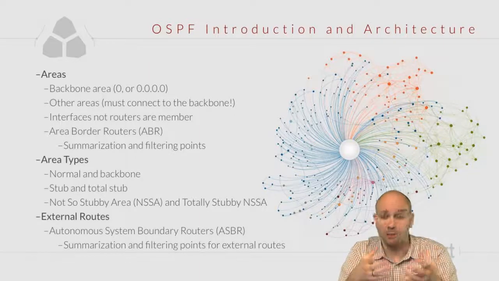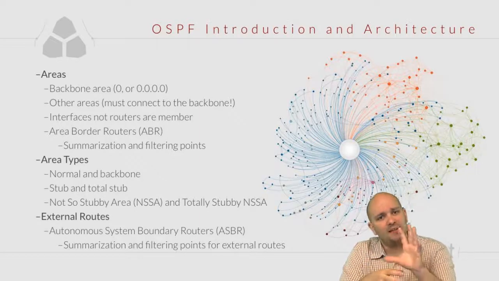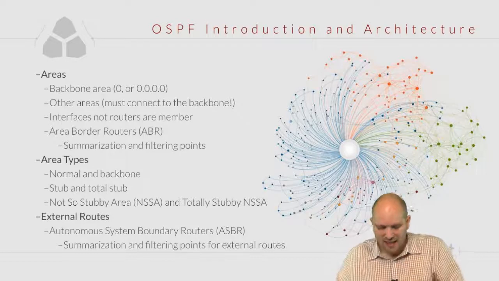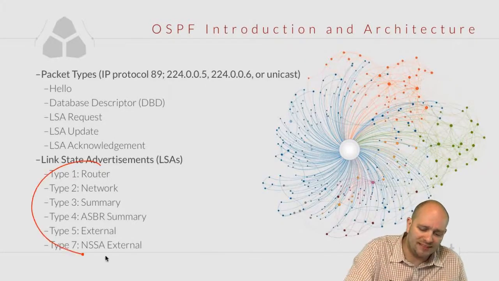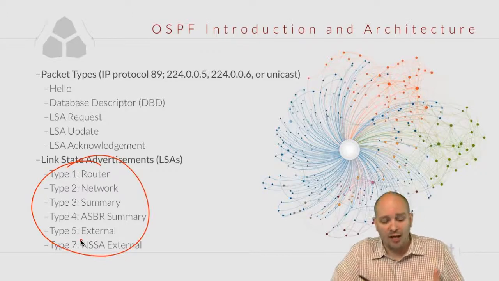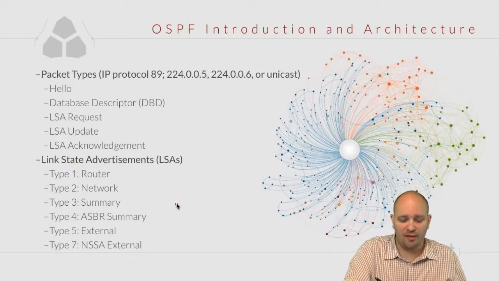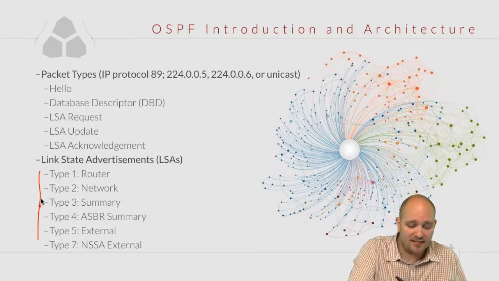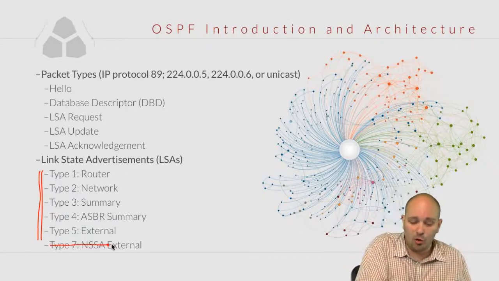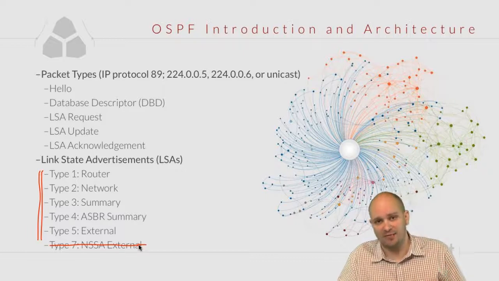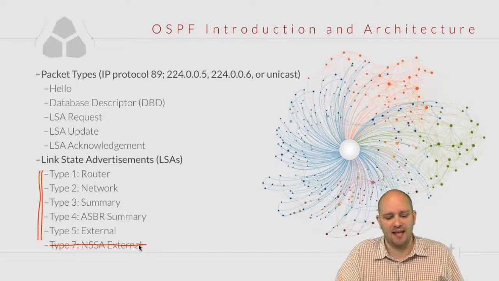There are also stub and totally stubby areas, and the difference between these areas is in which LSAs are allowed to exist in which areas. For example, for normal areas, we can have LSA types 1, 2, 3, 4, 5, but we don't have LSA type 7. This is specific to the NSSA area.